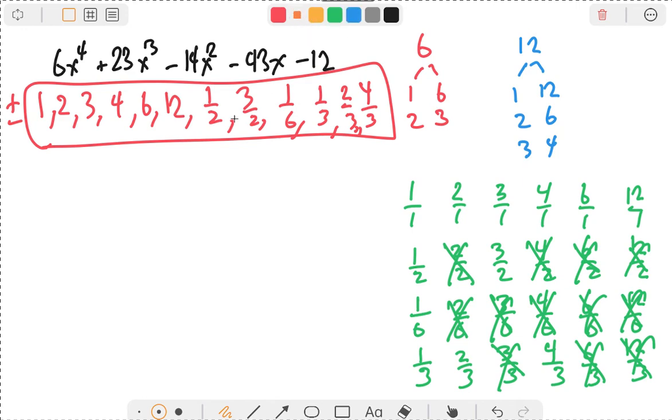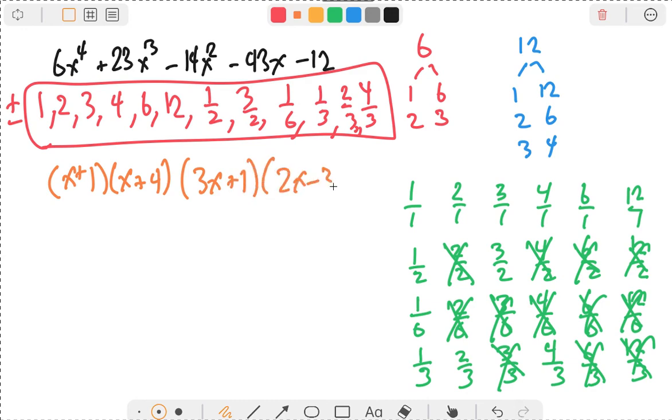But I'm already at 20 minutes, so I'm not going to work this one out for you. This one is going to be x plus 1 times x plus 4 times 3x plus 1 times 2x minus 3.